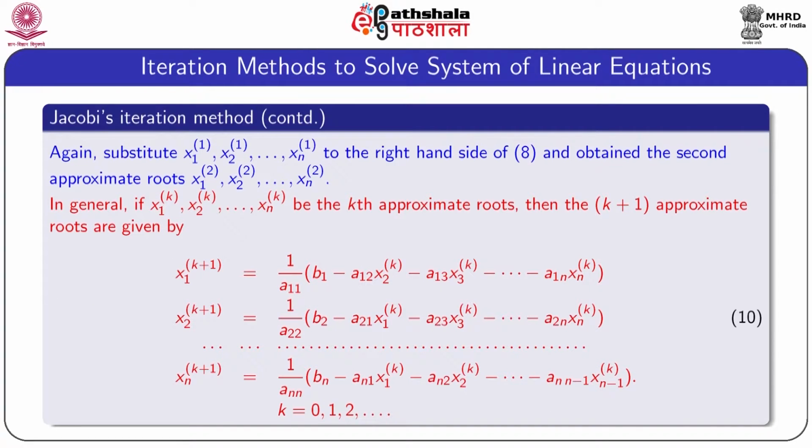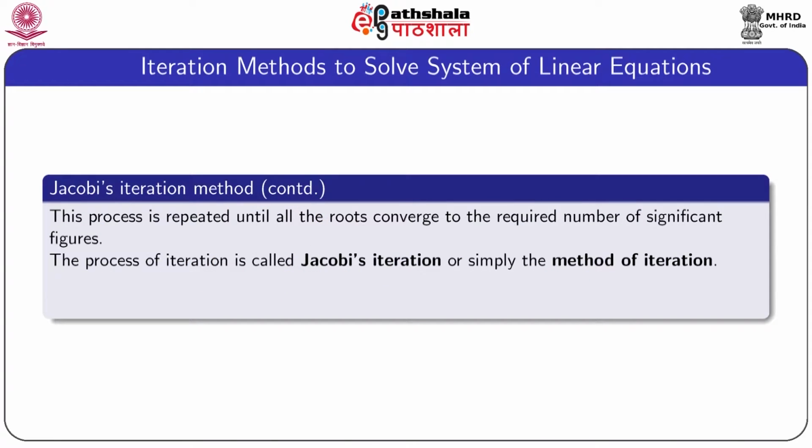And similarly, the (k+1)th iterated value of xn is obtained from the last equation, and here k is equal to 0, 1, 2 and so on. This process is repeated until all the roots converge to the required number of significant figures. This process of iteration is called Jacobi's iteration or simply the method of iteration.